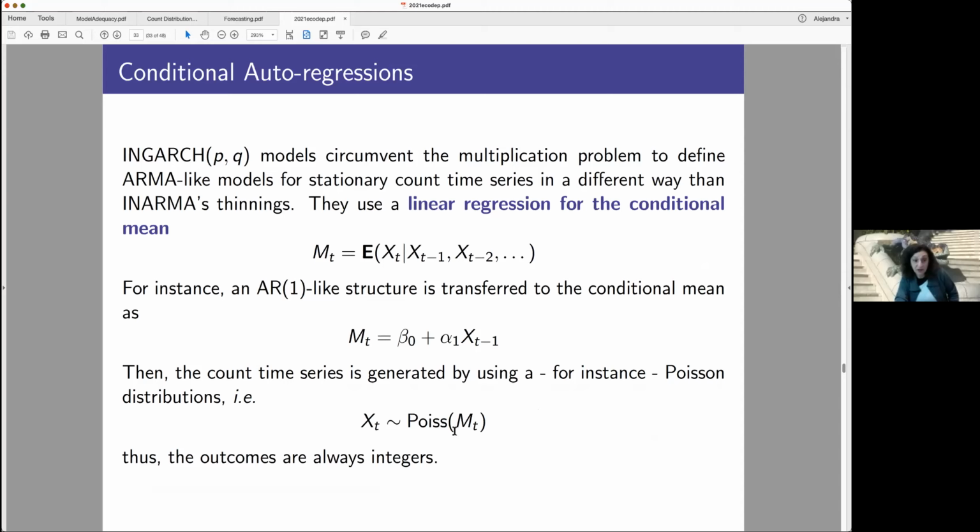So the outcomes are integers, and what changes here is the mean of the observations.